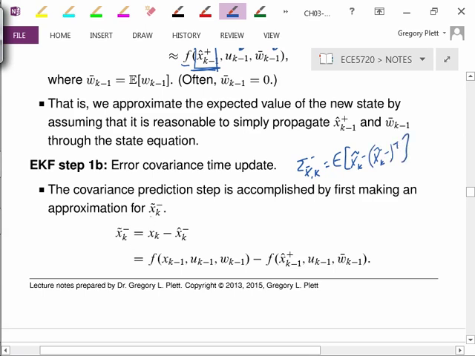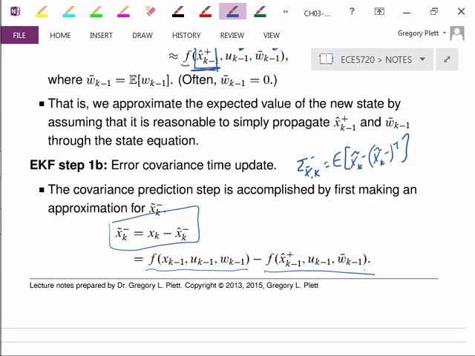So I have to figure out what x tilde k minus is, and by definition it is that. And xk, using the state equation, we can write as this, and x hat k minus from step 1a we write as that. And we're left with the challenge of trying to subtract two general nonlinear functions from each other and get something reasonable, and furthermore compute this in a closed form solution.